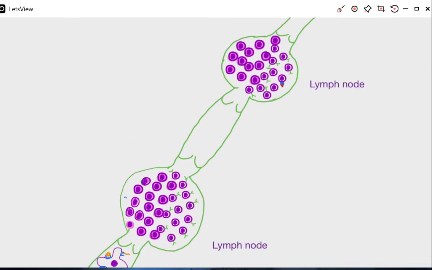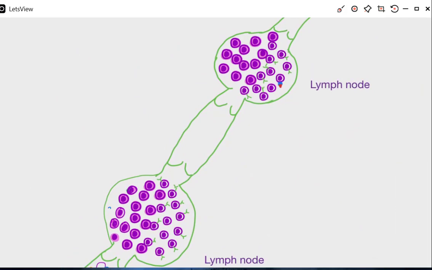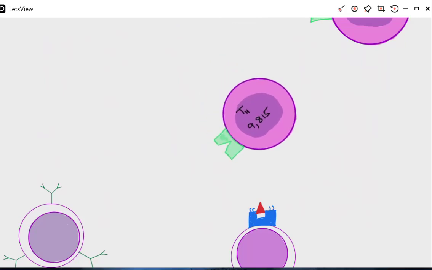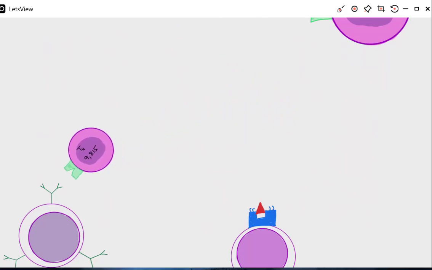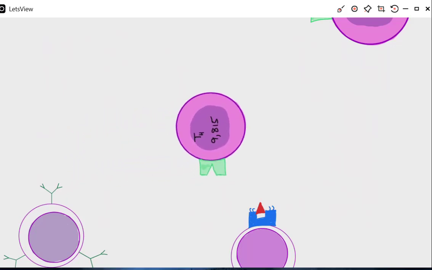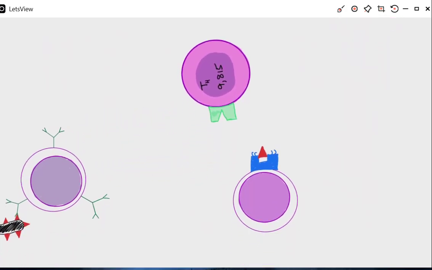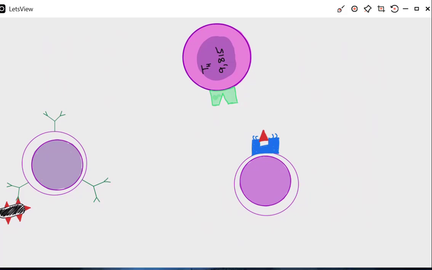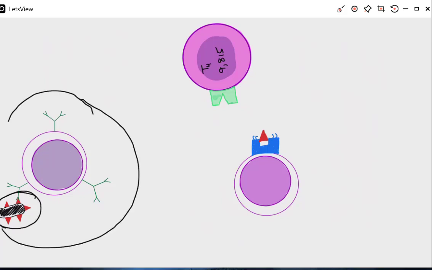So if we come back here and we look, we can see that there is an antigen presenting B cell. It's right there, but there's not that many relative to the number of naive B cells. When the helper T cell goes into the lymph node, it cannot bind to any of these guys. So it's only going to talk to antigen presenting B cells. So in order to go through clonal selection, that naive B cell that's shown here had to bind its antigen and turn into an antigen presenting B cell.